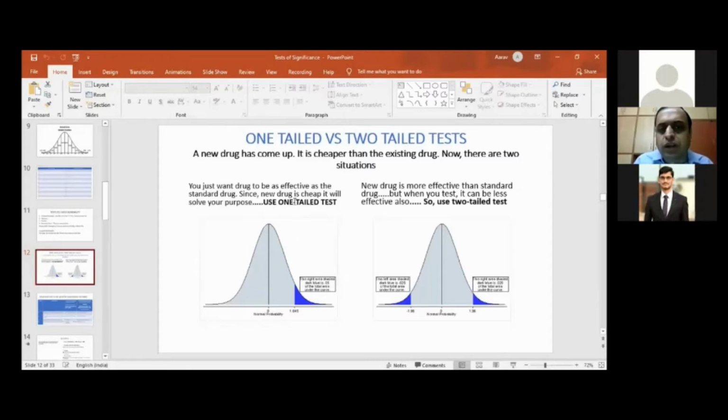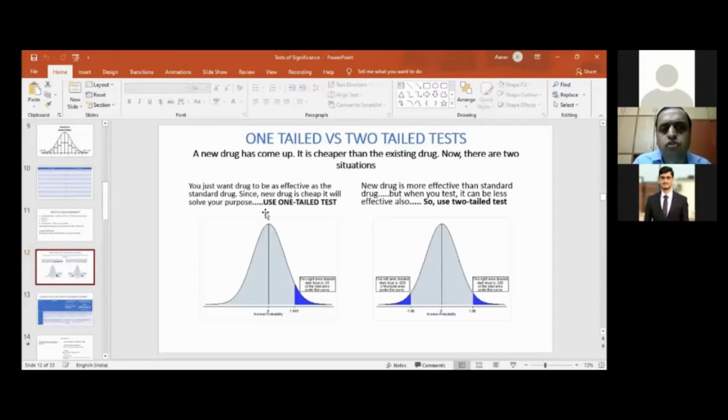Now where do we use a one-tail test and where do we use a two-tail test? Suppose there is a manufacturer who has produced a new drug. He already knows that there is another drug in the market which is doing quite a good job and people are getting recovered from it. But he finds that his drug's cost of manufacturing is cheaper than that drug.